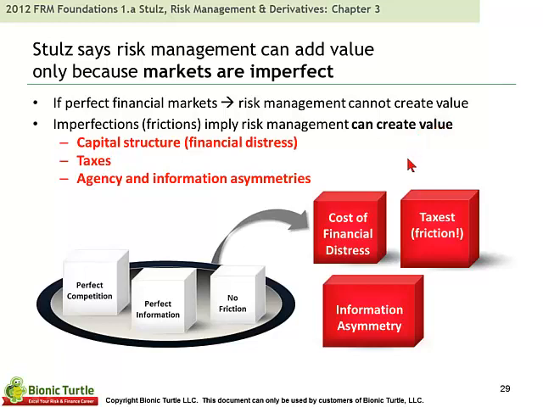So Chapter 3 is concerned with the imperfections, or what he calls frictions, that allow for risk management to create value. So the answer is that risk management can create value due to market imperfections or frictions, specifically in, for example, capital structure, taxes, and agency costs.